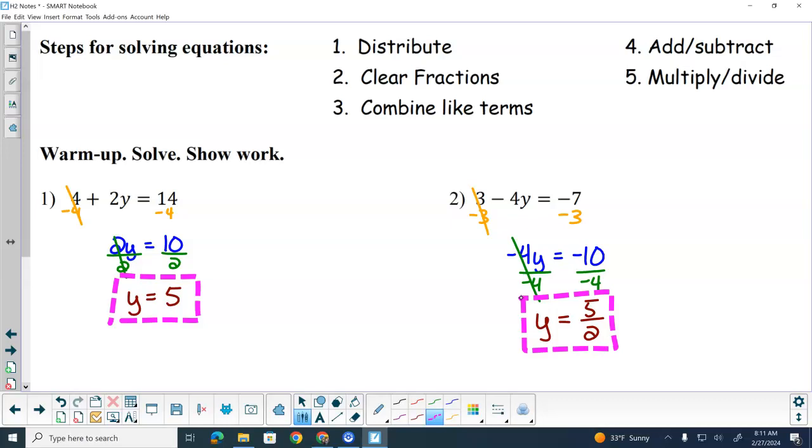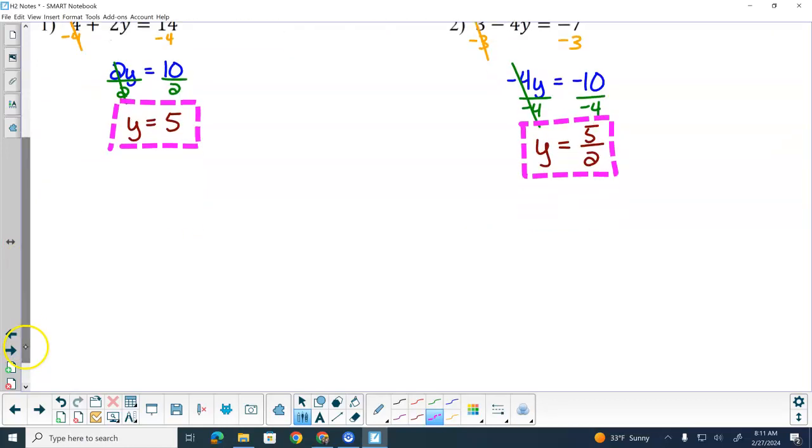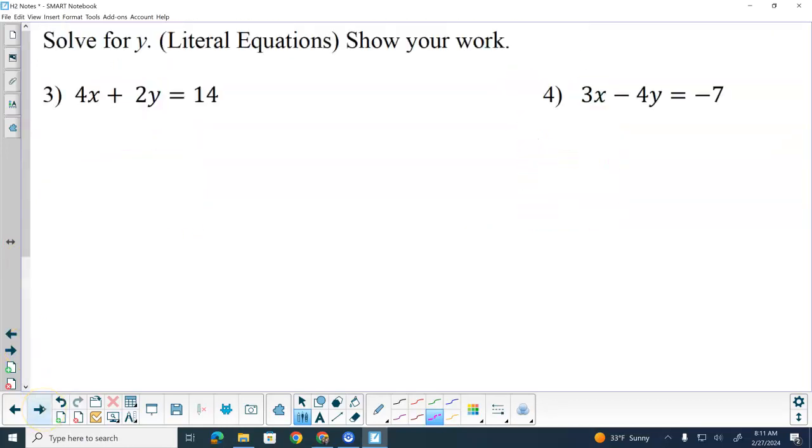All right. So now today, what we're going to be doing is we're going to solve literal equations. Meaning, we're not going to have x equals some number or variable equals some number at the end, because what's the difference? Bryce, what can you tell me that's different between number 3 and your number 1?